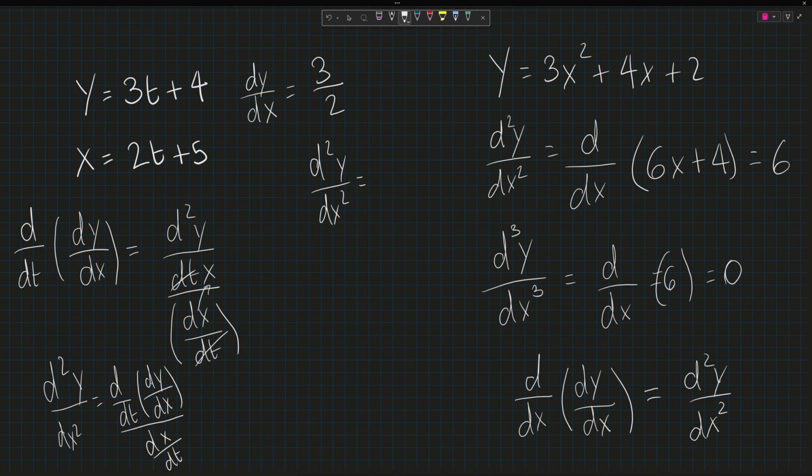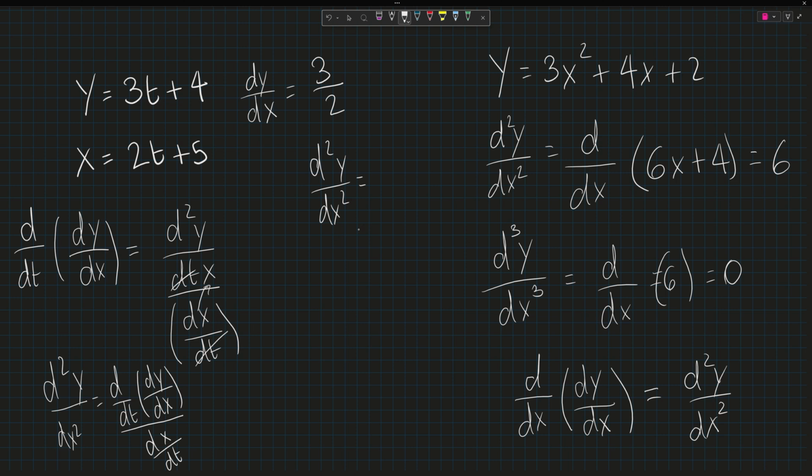And this actually works for everything after d squared y over dx squared. This is basically the derivative of a derivative in a parametric. So this could go in here in place of dy over dx. And then you would do the same thing for d cubed y over dx cubed. But we're not going to see that because it's basic redundancy. Because we're already doing this for d squared y over dx squared.